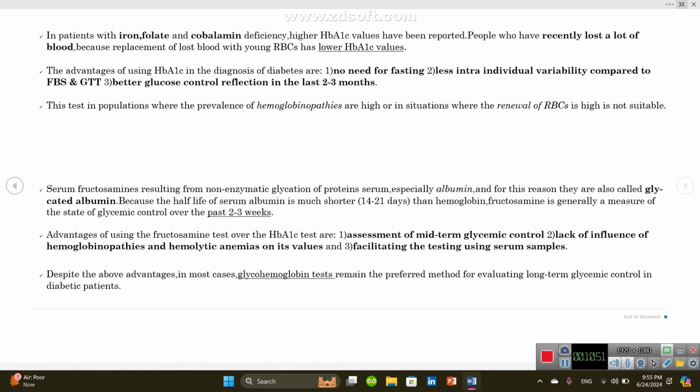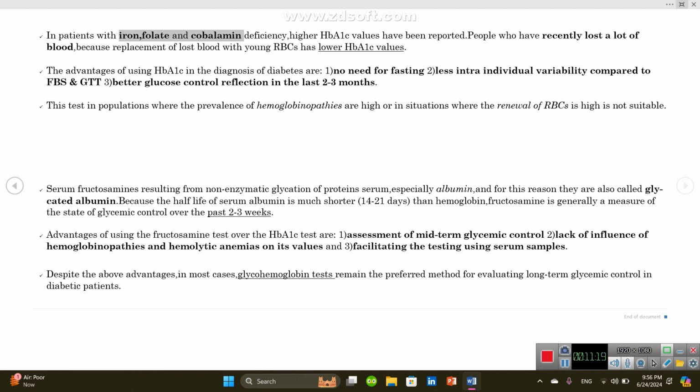In patients with iron, folate, and cobalamin deficiency, folate is a form of vitamin B9 or folic acid, and cobalamin is vitamin B12. We have different types of vitamin B12 like cyanocobalamin or methylcobalamin.